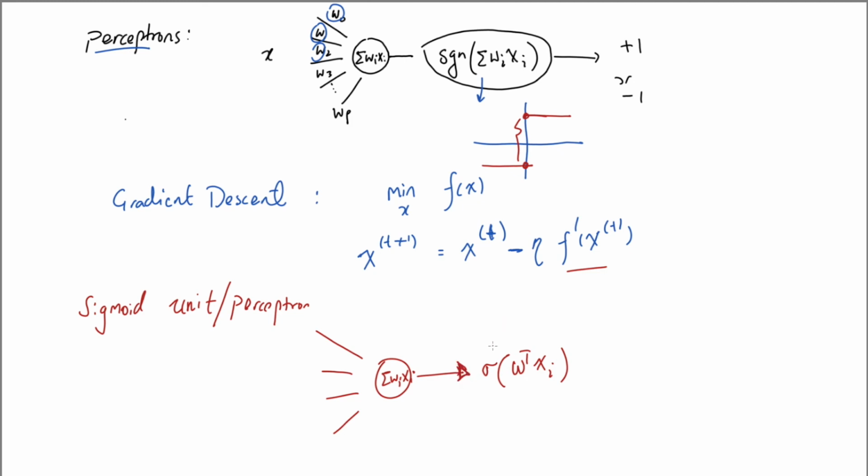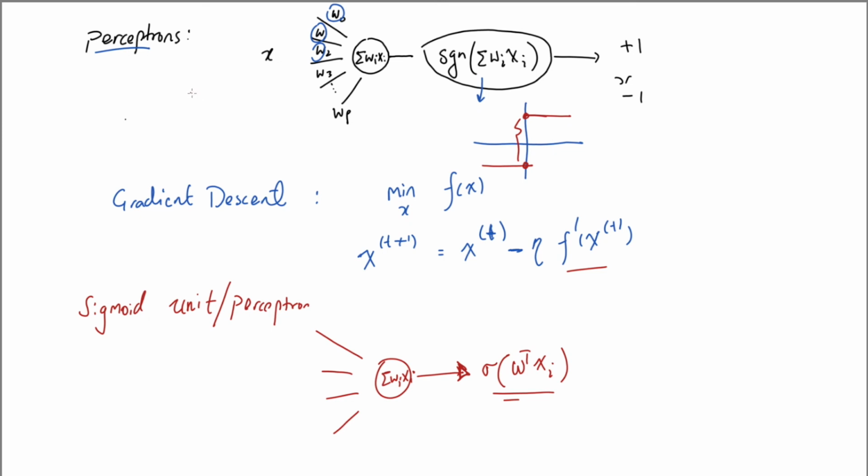The activation function now is the sigmoid, which gives us a number between 0 and 1, and depending on its size gives us a classification. Anything above 0.5 you can take as a +1, and anything below 0.5 you can take as a -1 if you're doing a binary classification task.